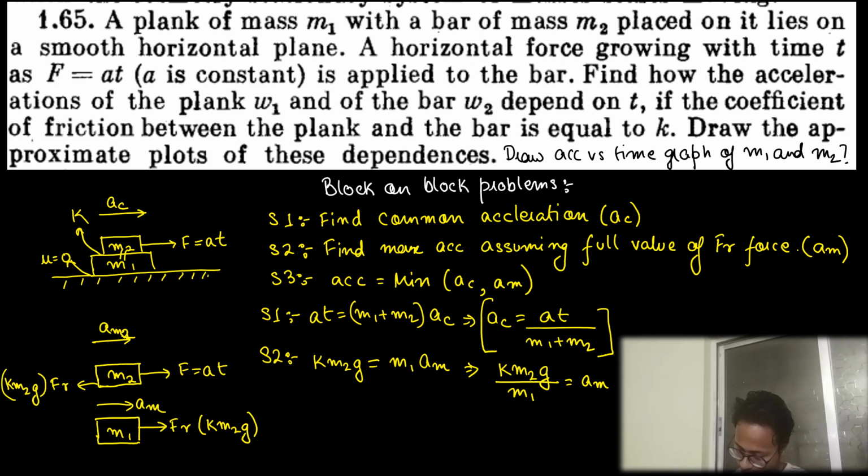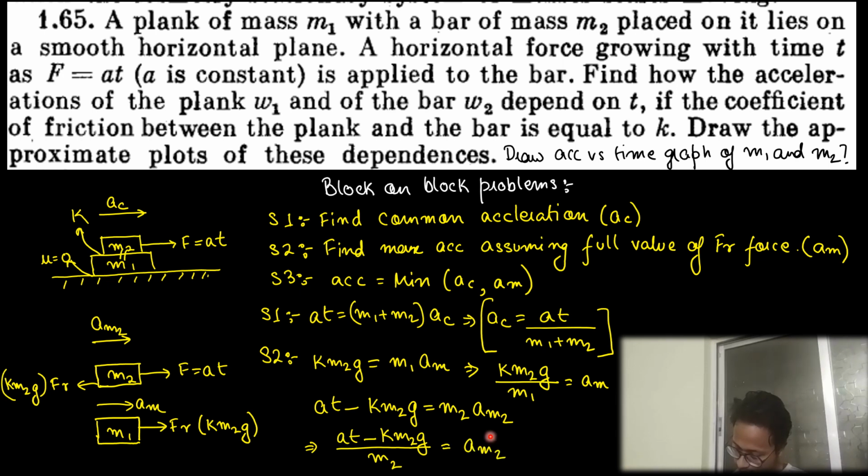So for a m2 we can write force minus k m2 g is equal to m2 into a m2, where a m2 is nothing but the maximum acceleration of block 2. So a t minus k m2 g by m2 is equal to a m2.